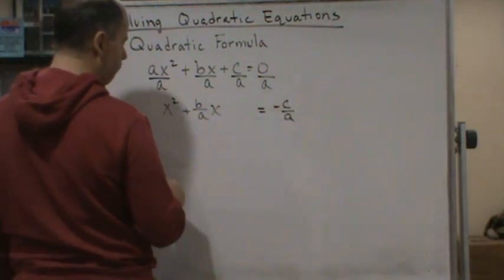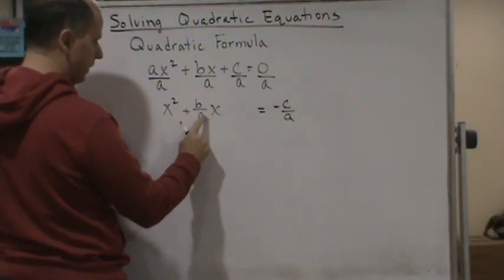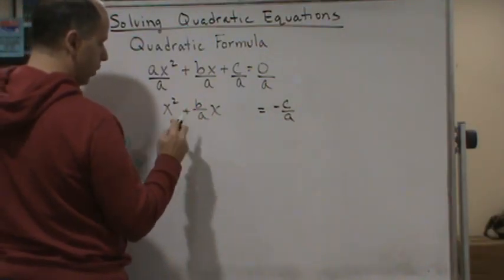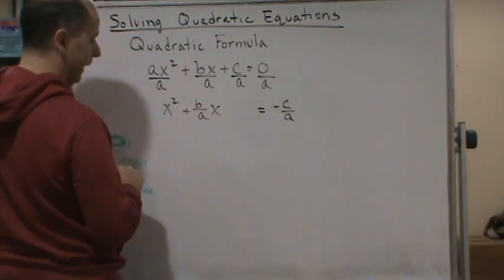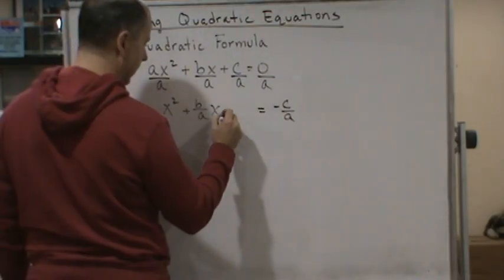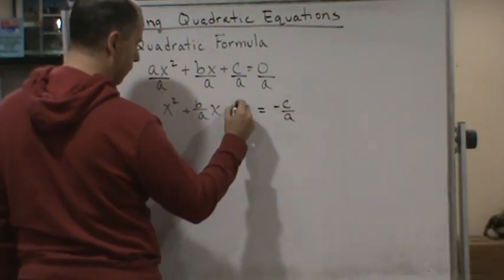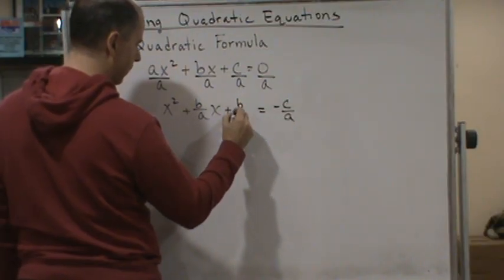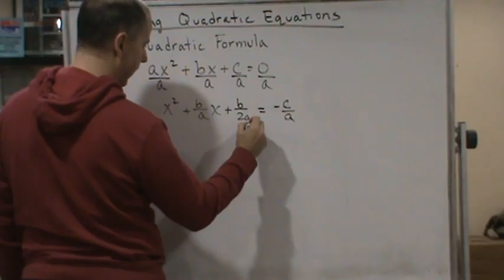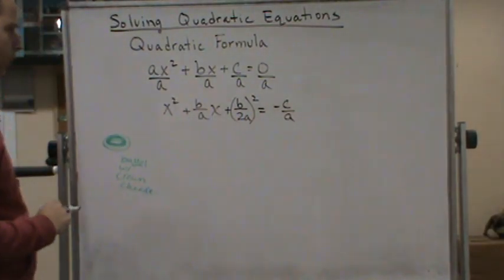So I'm going to take half of this and square it. If I take half of this, that gives me b over 2a. If I then square it, that gives me b over 2a quantity squared, right?